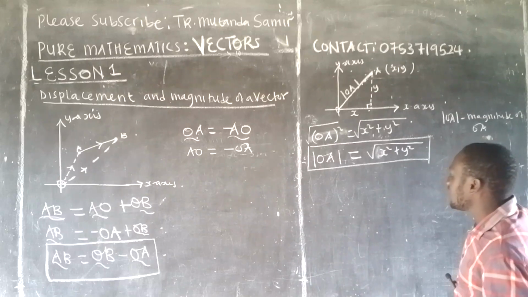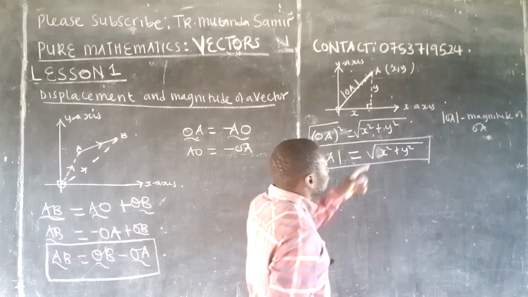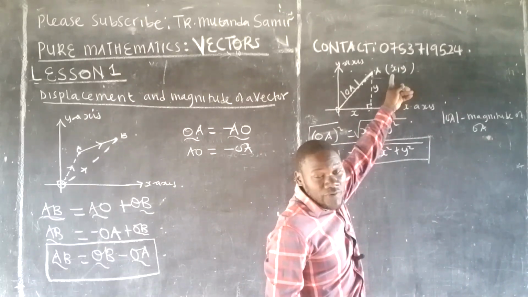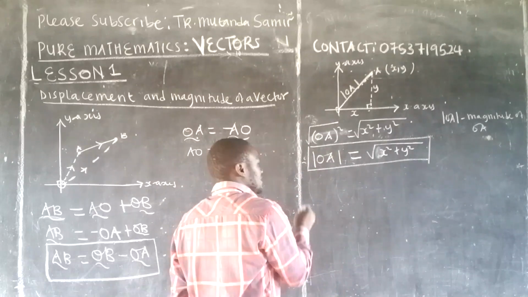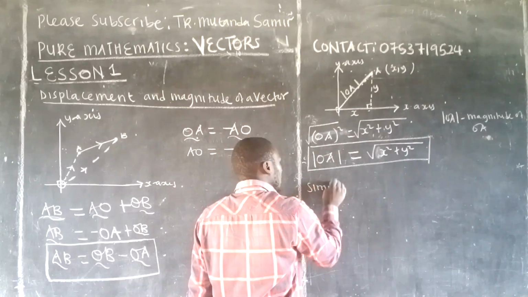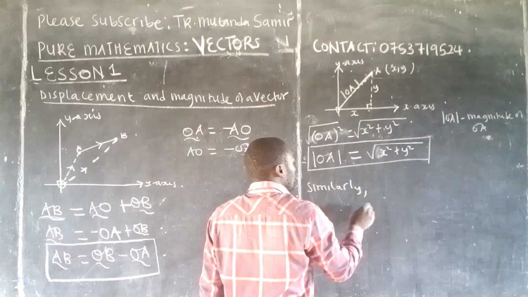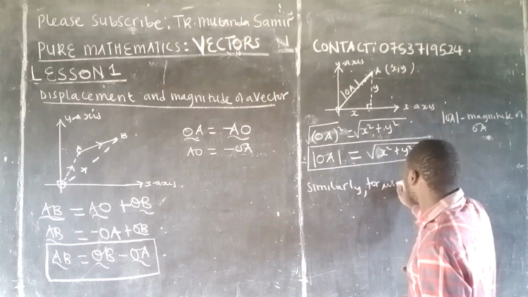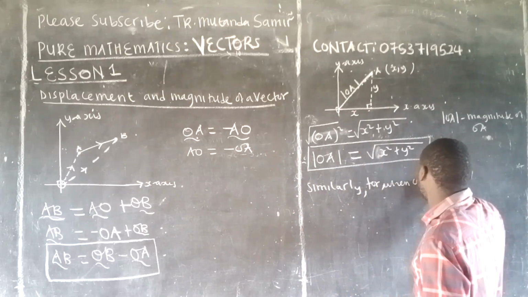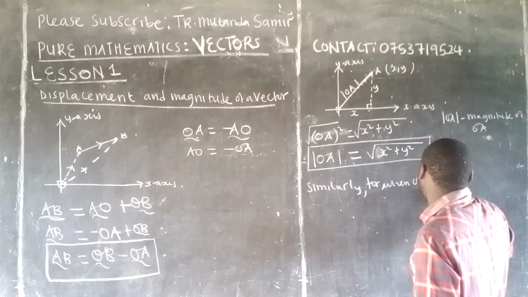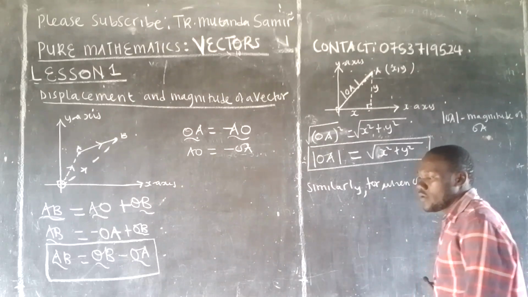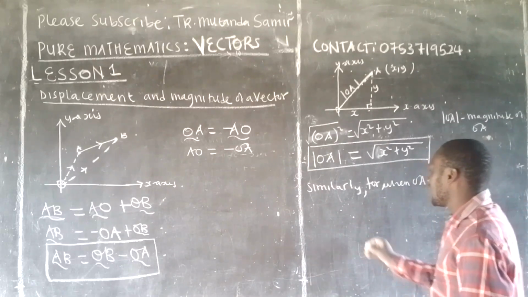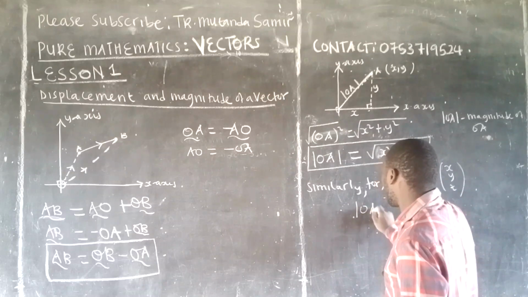All right, good. If this is for vectors in 2 dimensions, similarly, when OA is equal to x, y, and z, then the magnitude of OA will be got from it.